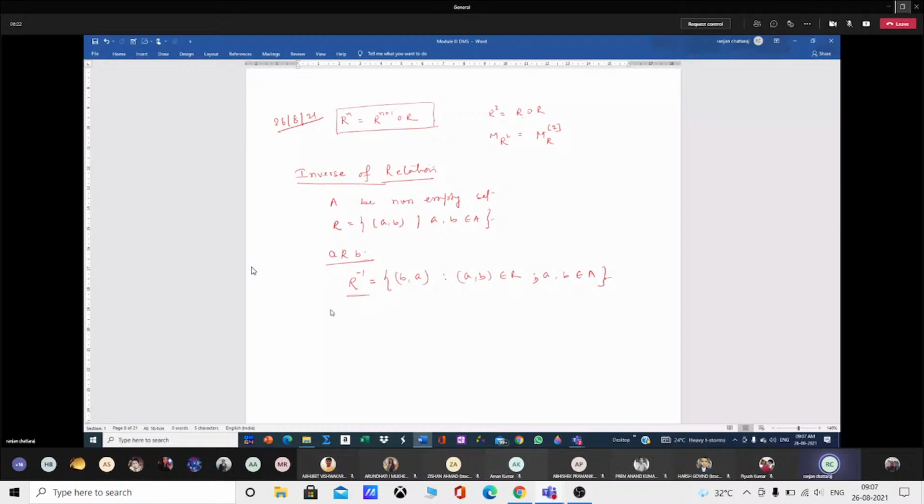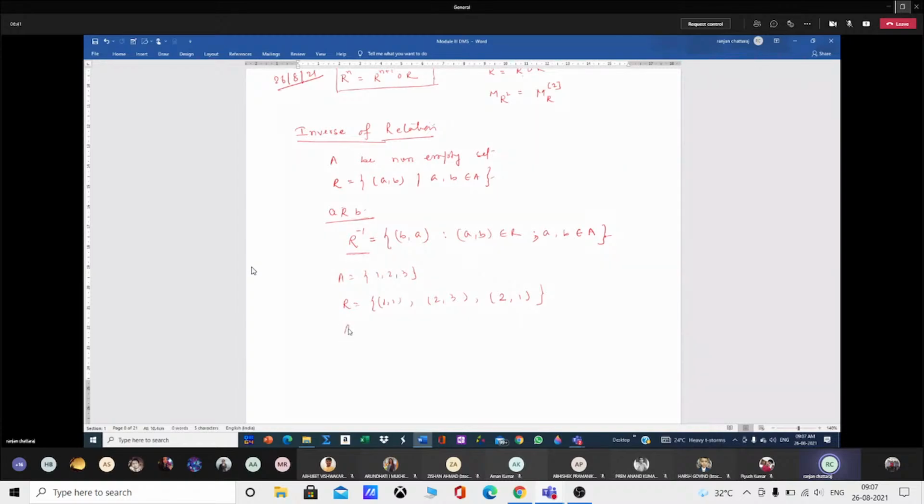Suppose we have A equal to {1, 2, 3}, and we define the relation R as (1, 1), (2, 3), and (1, 2). Then R inverse will consist of, if (a, b) belongs to R, then (b, a) must belong to R inverse.